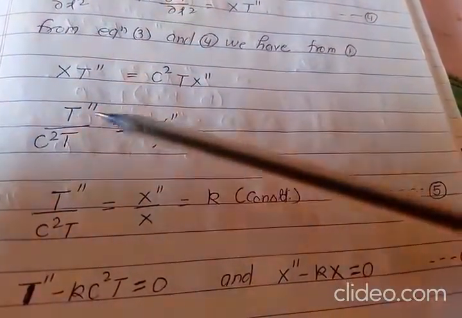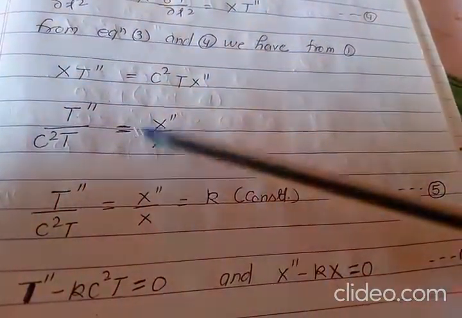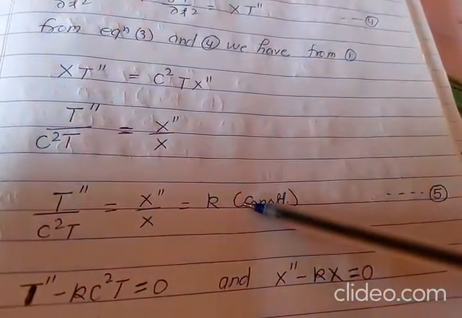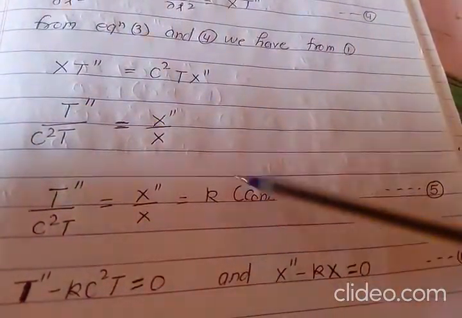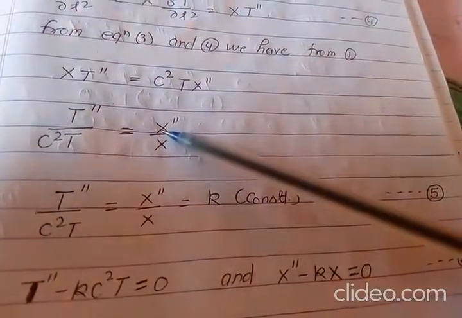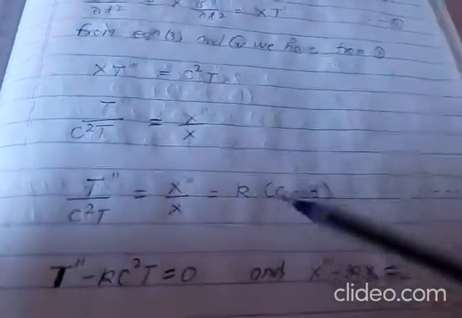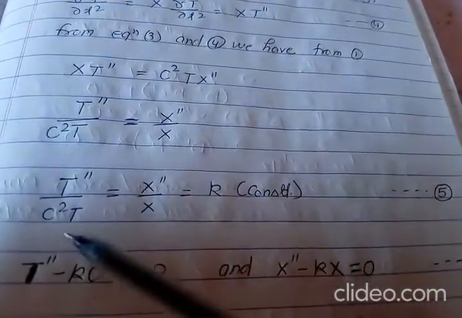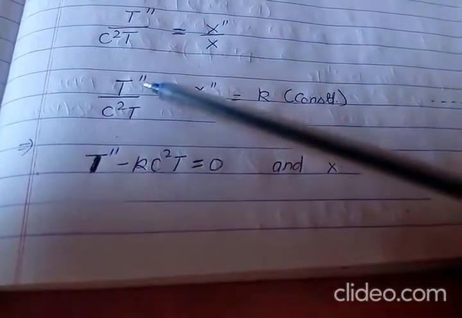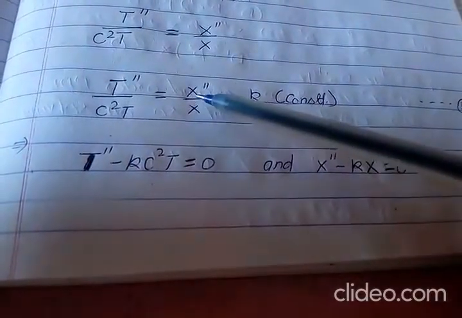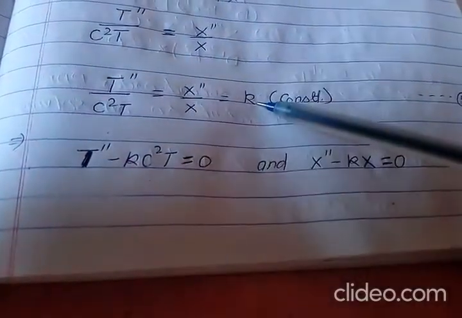If both values are equal, which is possible only when both of them are equal to a constant. This is the condition for which both these values will be equal. Now here we will find the solution of equation 5 by taking T''/(c² T) = k, and the second by taking X''/X = k, like this.